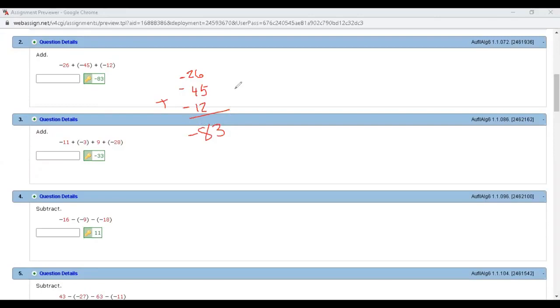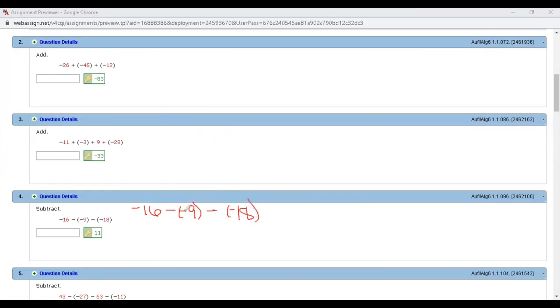If you find it difficult to work with adding and subtracting integers, thinking about it in different ways can definitely help. So I think y'all got the rest of this. Let's look at number 4 right quick. One thing that I need y'all to pay attention to on questions like this: we got negative 16 minus a negative 9, then we got minus negative 18.